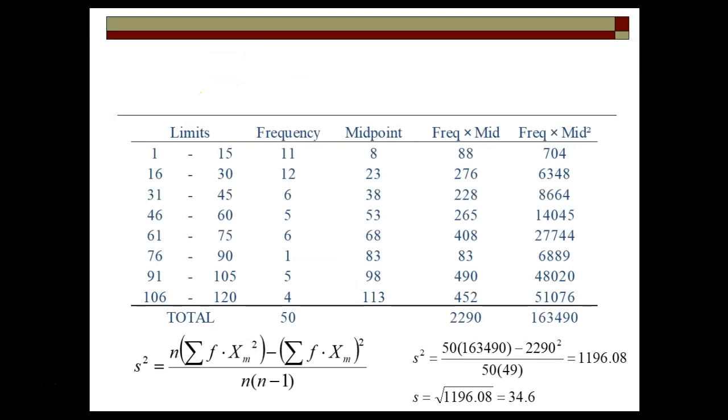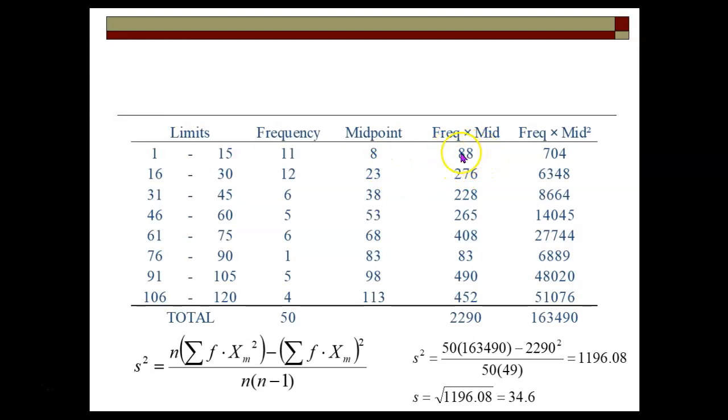So here's an example that's already worked out. Here's our frequency distribution, and I've added in columns for frequency times midpoint and for frequency times midpoint squared. So in this first row, 11 times 8 is 88, and 11 times 8 squared, now notice that's not 88 squared.